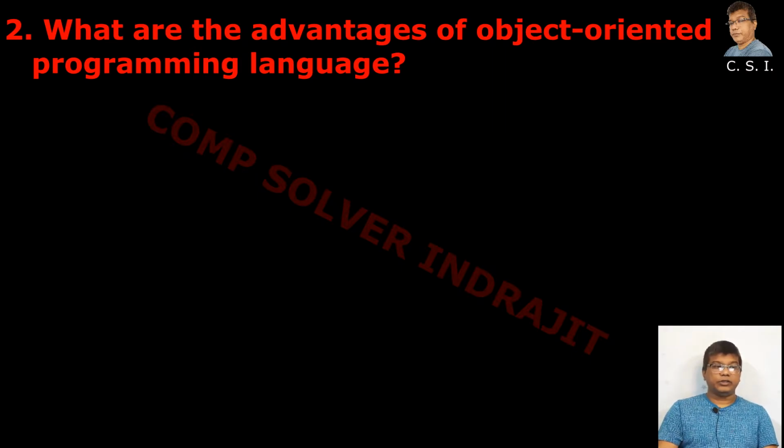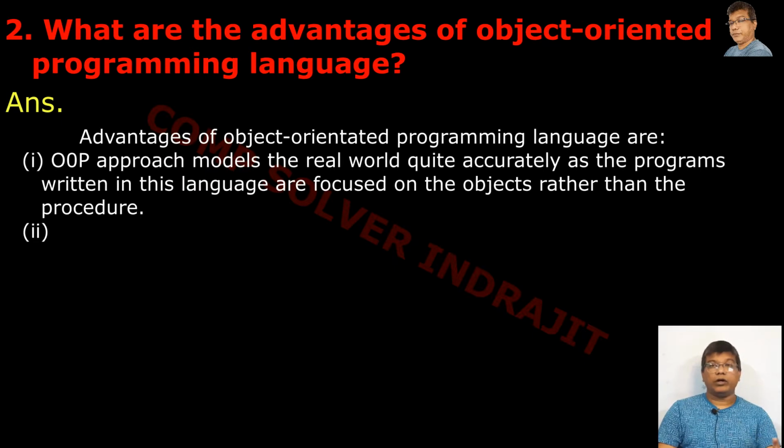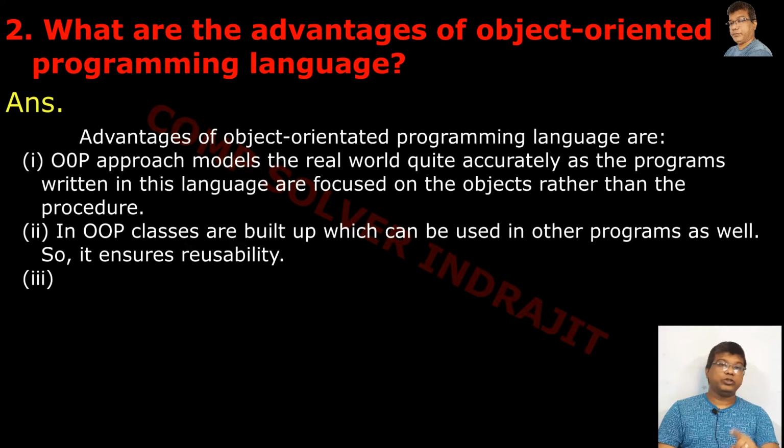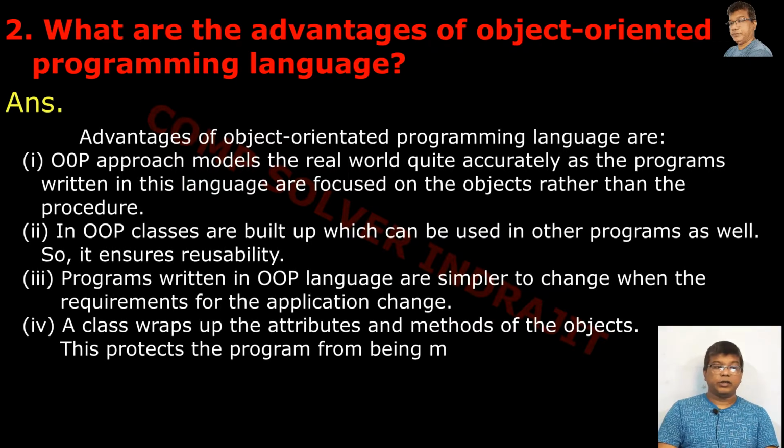Next question is, what are the advantages of object-oriented programming language? Advantages of object-oriented programming languages are: number 1, OOP, which is also known as the object-oriented program approach, models the real world quite accurately, as the programs written in this language are focused on the objects rather than the procedure.